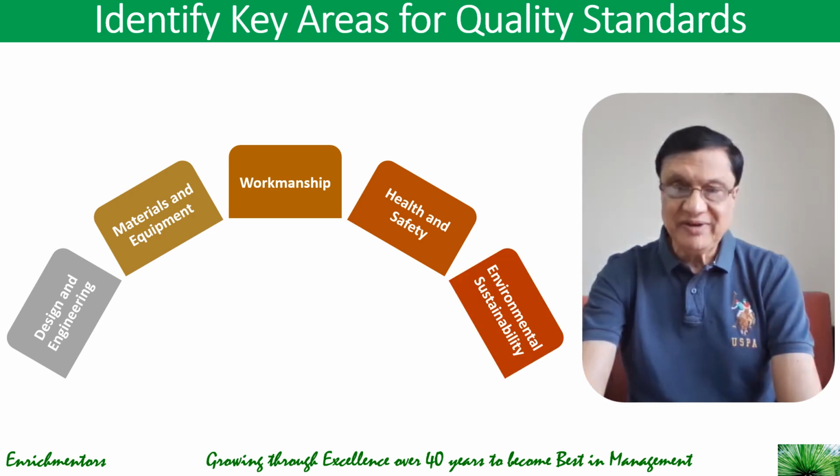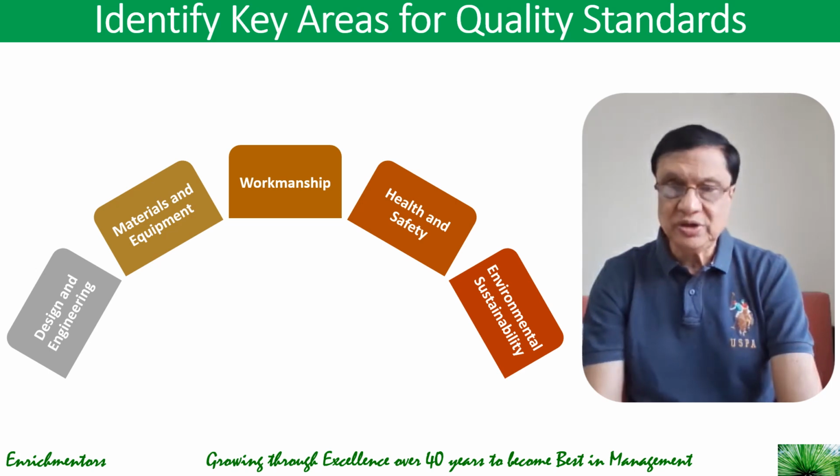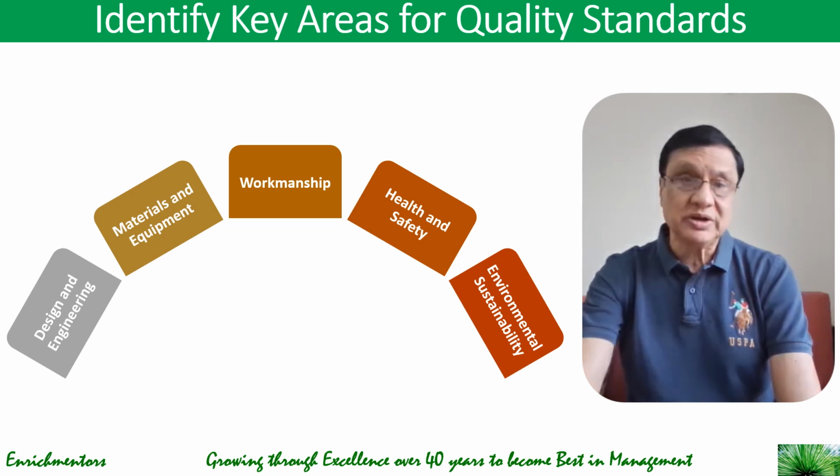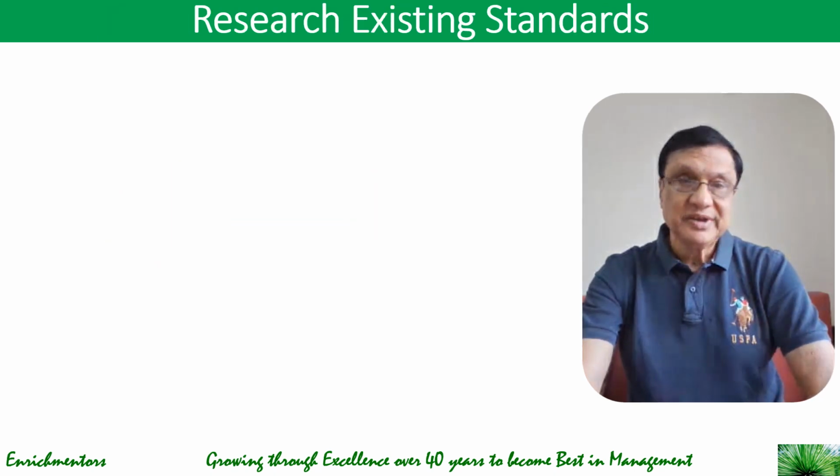And finally, environmental sustainability, where you incorporate LEED, BREEAM, or other green building certifications. So these are some areas where you can set quality standards. There can be more depending on your project.